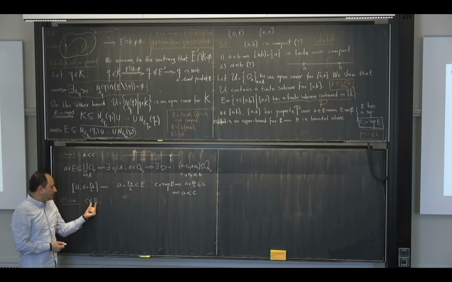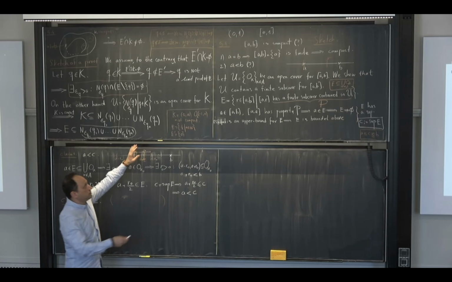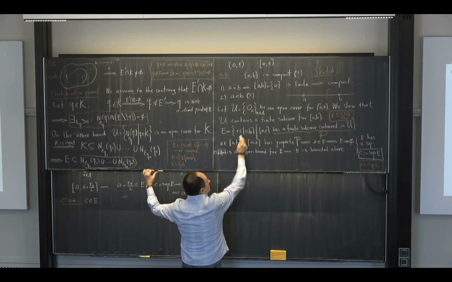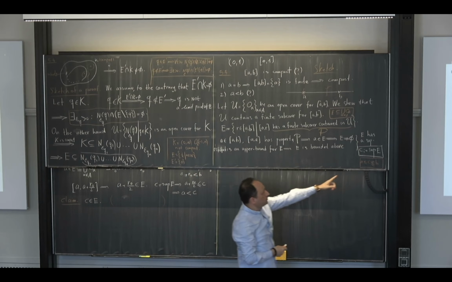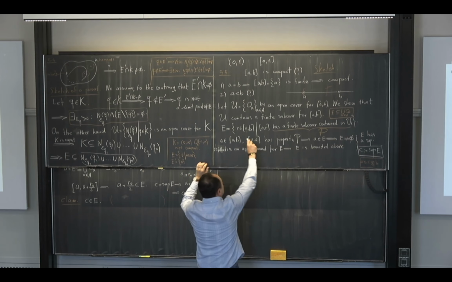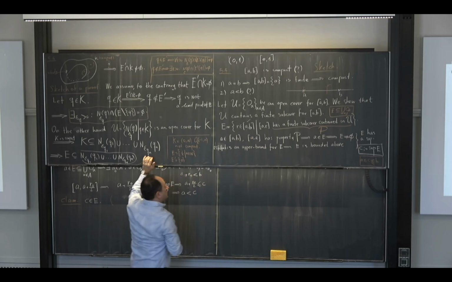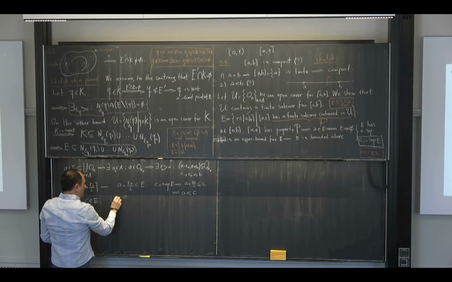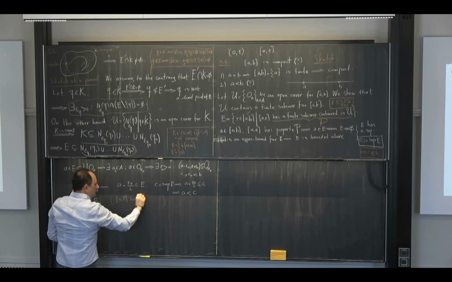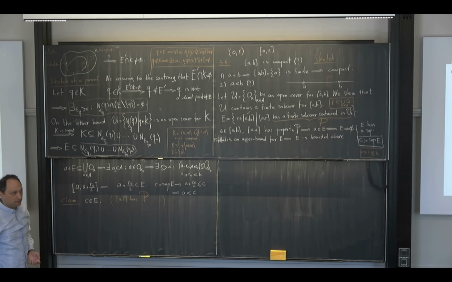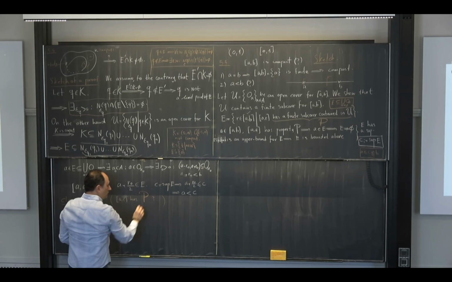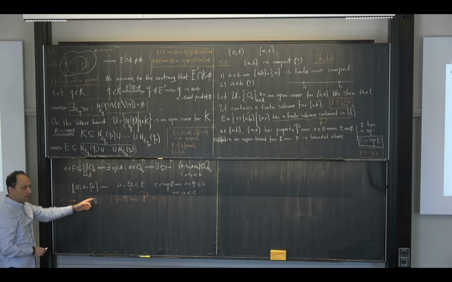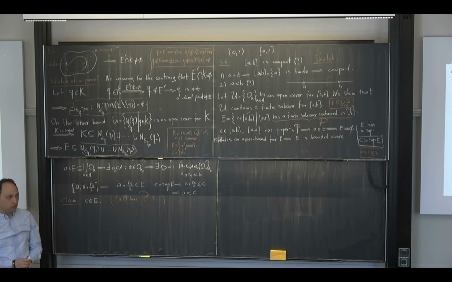I want to show that C belongs to E. First, I have to show that C belongs to the closed interval, which in this case is. Why? Because we have this. So this one is granted for C. The only thing I have to ask myself is to show that from A up to C has property P. Yes, if I can show you this, then it means that C belongs to E. Do you agree?